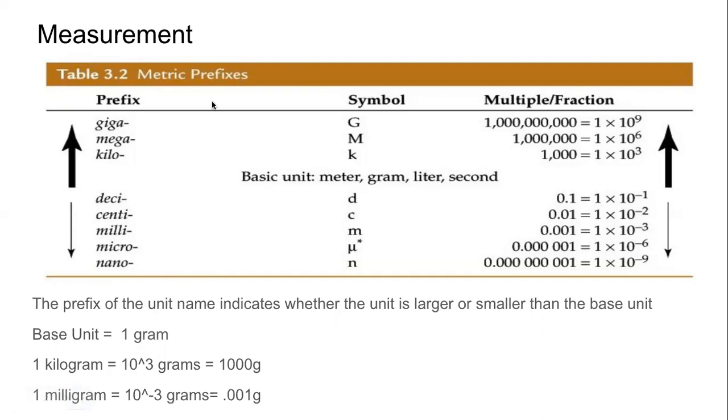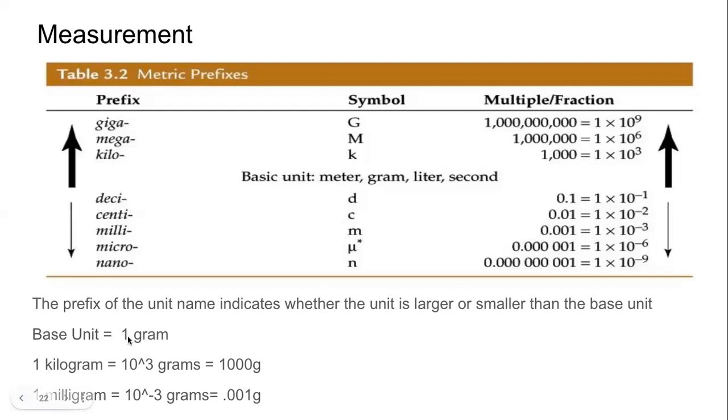Here in this table are some prefixes, and it tells you how many zeros you need to add to that value. So when we say we have 1 kilogram, we go up to the kilo chart and see that you have to multiply 1 gram times 10 to the 3.